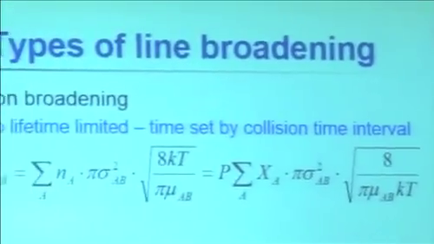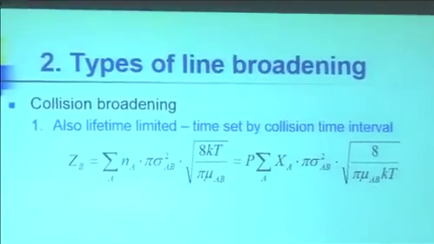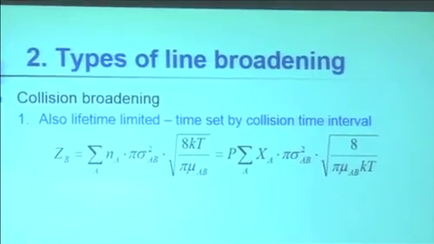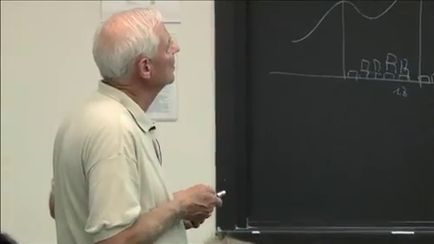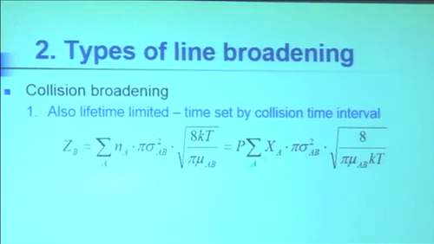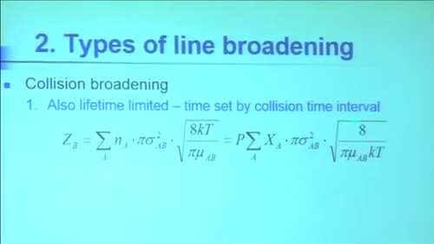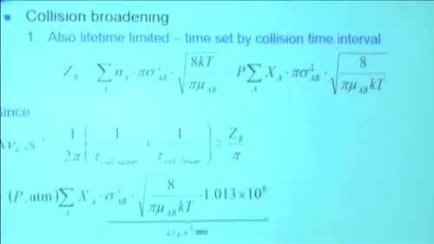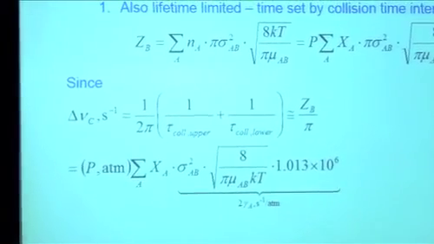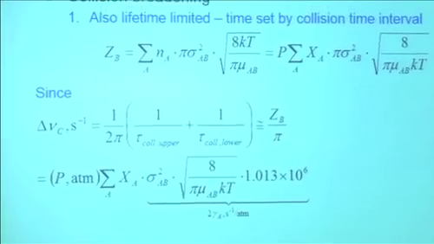So this has the same lifetime limitation as the natural broadening. Collision frequency is the inverse of the average time that it spends in that state. So you can write this expression in terms of pressure, mole fraction, cross-section, and 1 over c bar. Now, we have to be careful because we do have this happening in the upper state and the lower state.